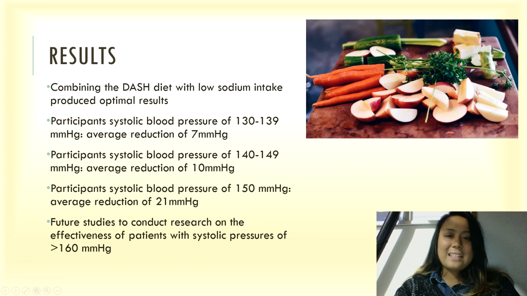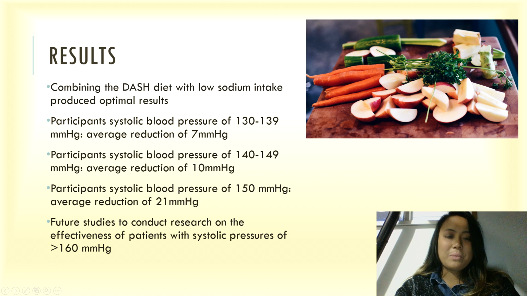In the end, the DASH diet, in combination with the low sodium intake, produced the best results for the subjects. Participants with a systolic blood pressure of 130 to around 139 had an average reduction of their blood pressure of about 7 millimeters of mercury.